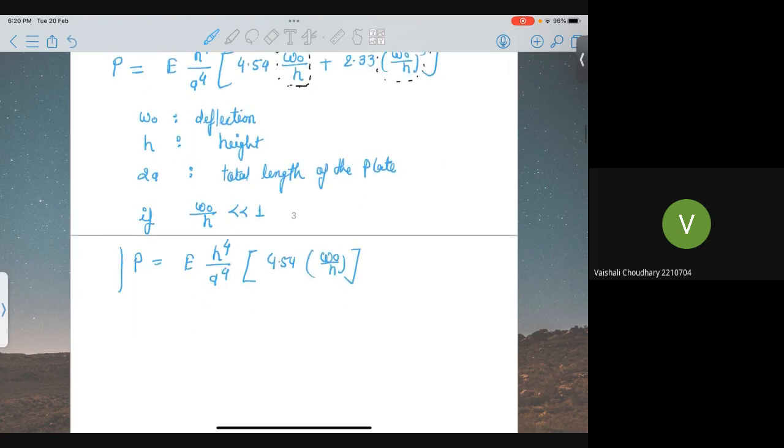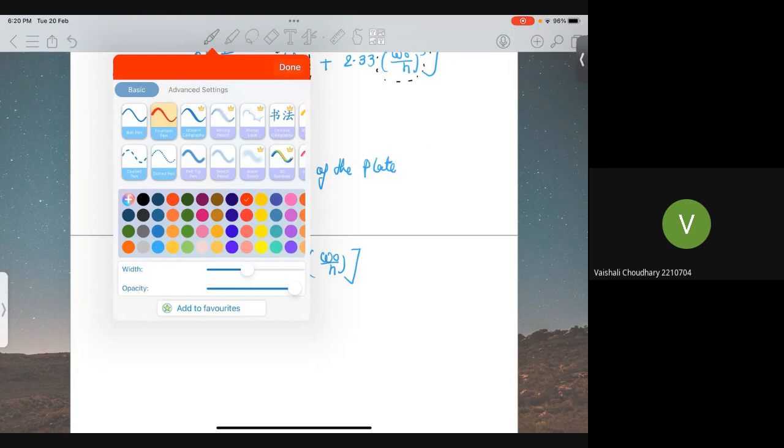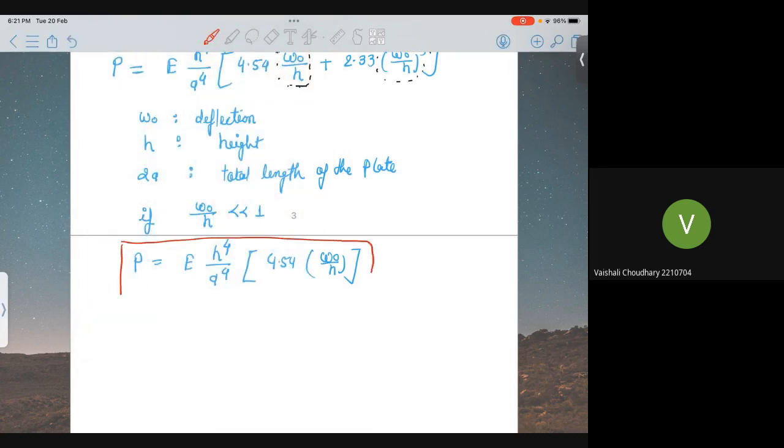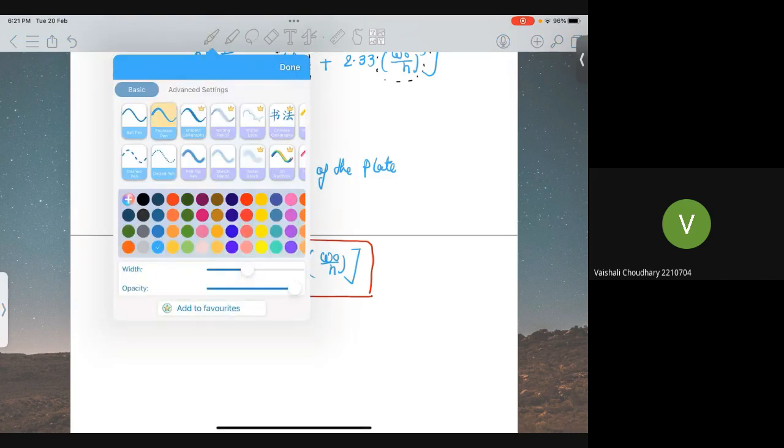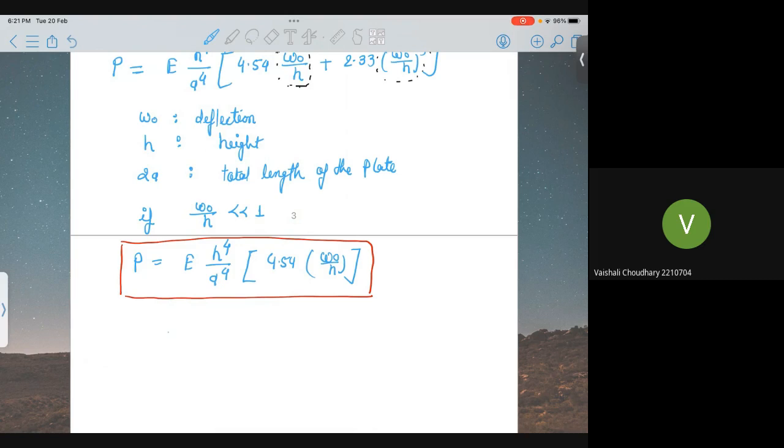So this is a linear equation, which shows a linear relation between pressure and deflection.